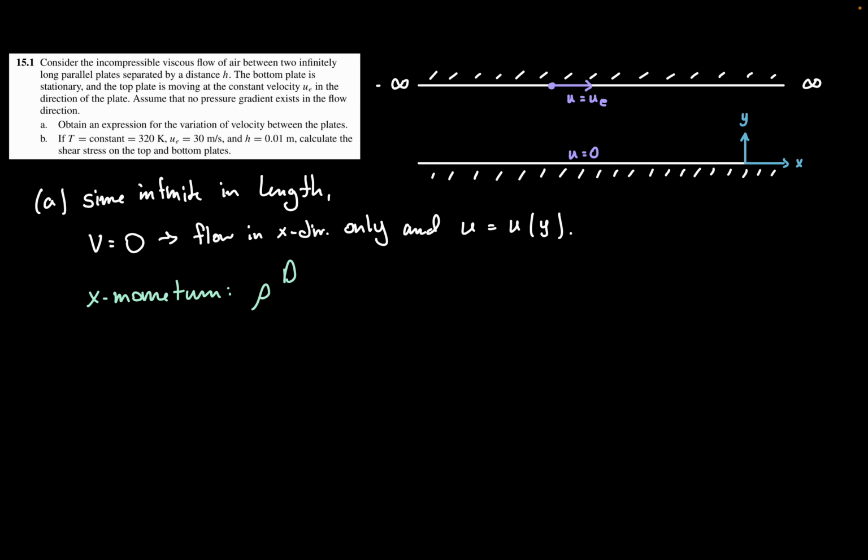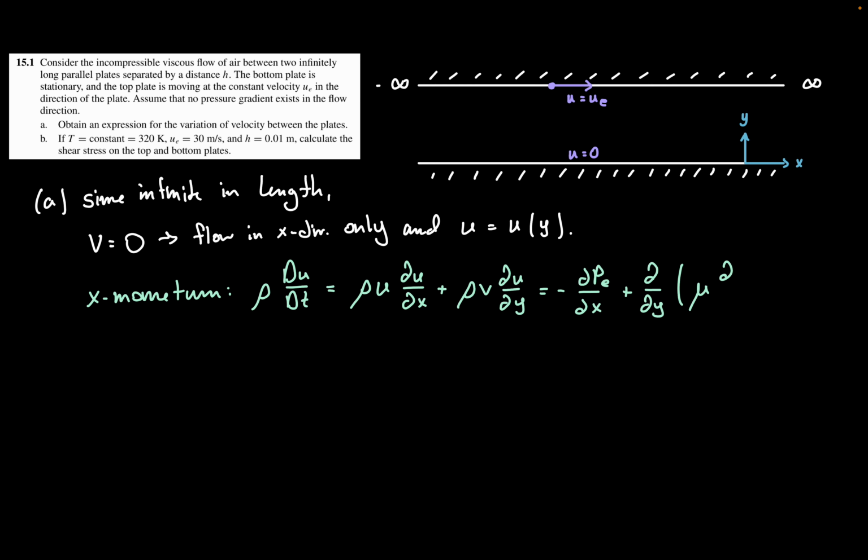So we'll have rho du dt, essentially the x component of velocity, equal to rho times u, partial u over partial x, plus rho times v, partial u over partial y, and that'll be equal to negative dp dx, plus partial over partial y of mu times partial u over partial y.